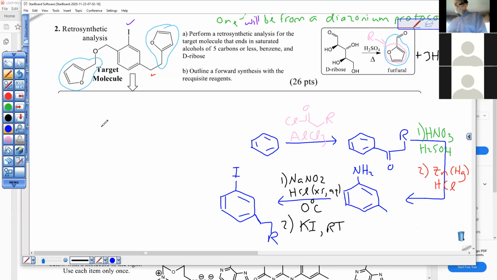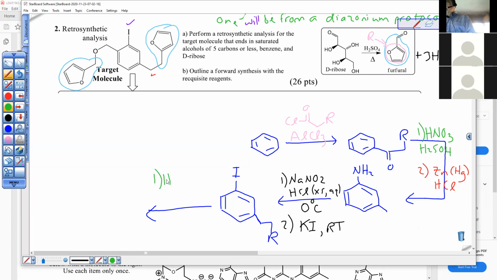I could put a cyanide on here and do hydrolysis to a carboxylic acid and reduce it. That's a thing. Do you want to do that? It'll be different than the key, I'm pretty sure. And it helps us review our protocols.